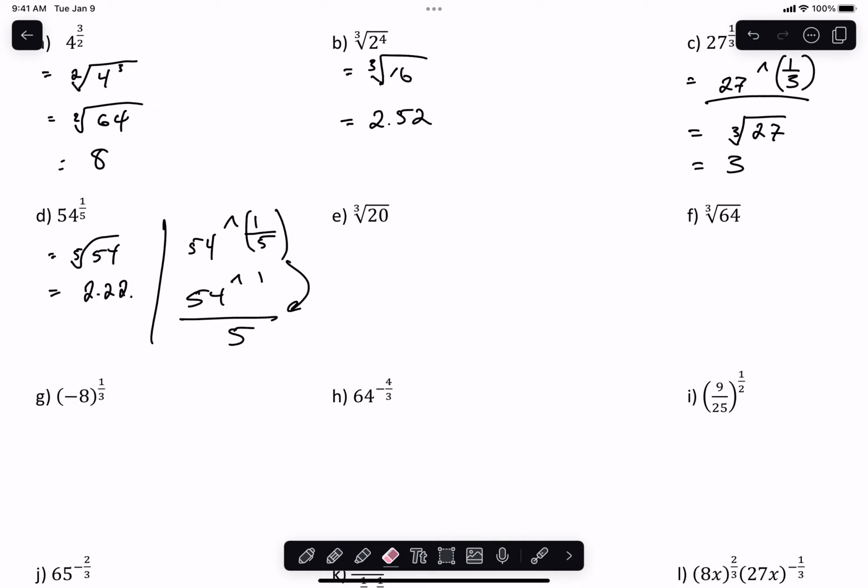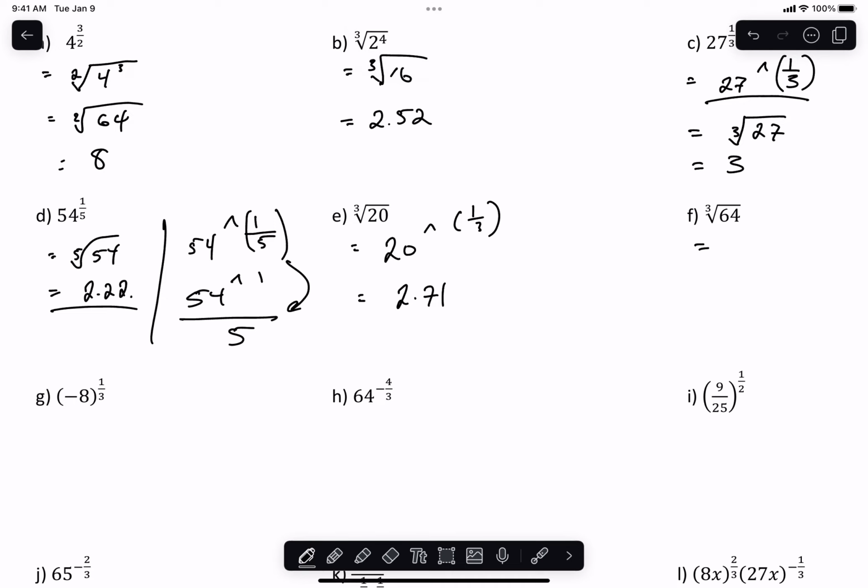All right, so you should get 2.22 for that. Okay, cubed root of 20. Then we happen to know the cubed root of 64 off the top of our head.